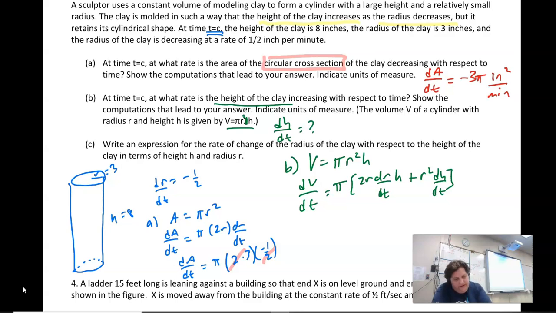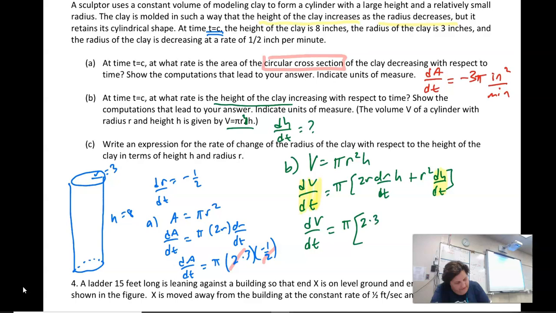We're looking for dH/dt. Show the computation, indicate units of measure. Okay, so I also don't have dV/dt, so that's bizarre, but let's just go with it. Okay, I have 2r.